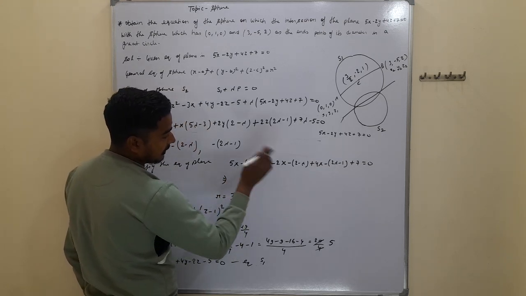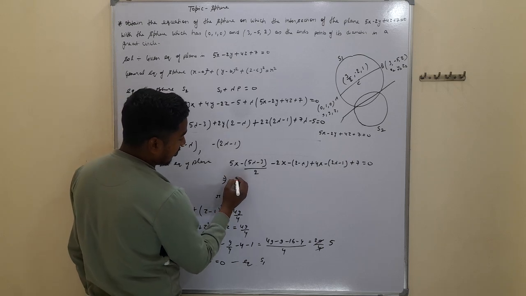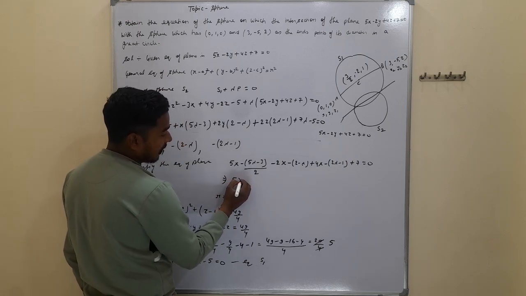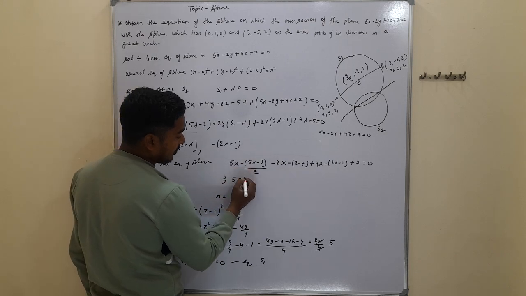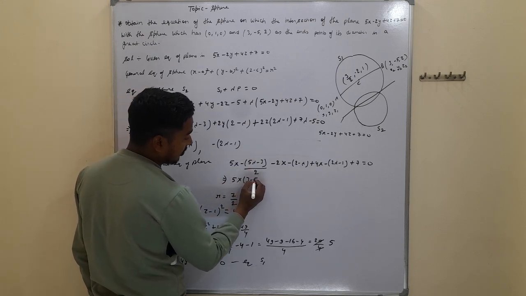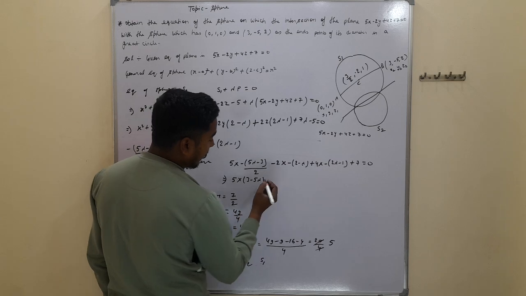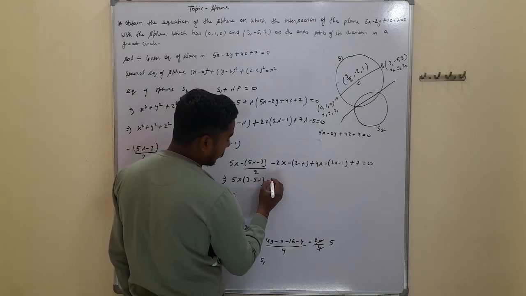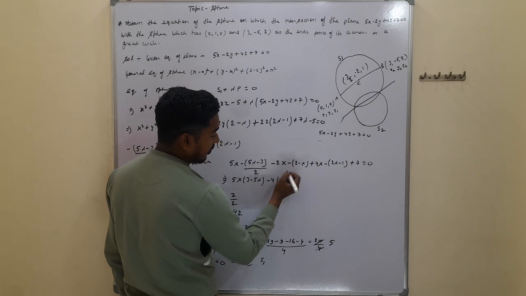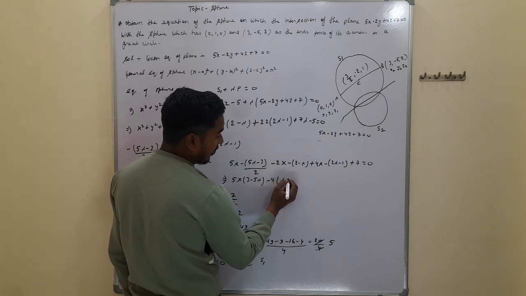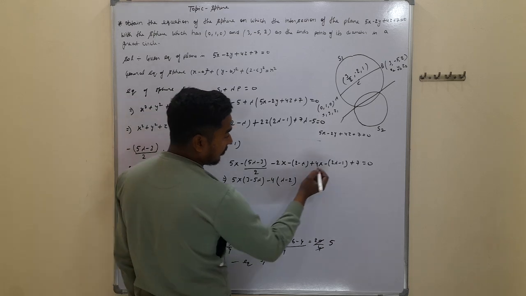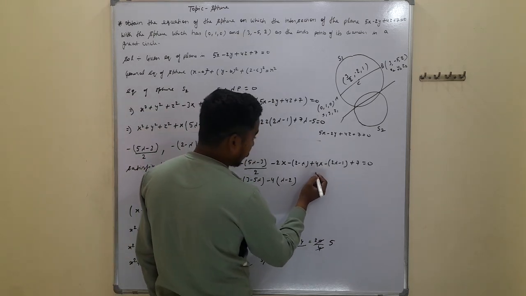Taking the LCM, this is 5 into, we have to multiply with minus, this gives 3 minus 5 lambda, and minus 2 taking the LCM gives minus 4, and here we write lambda minus 2, and here we have to multiply with 2.